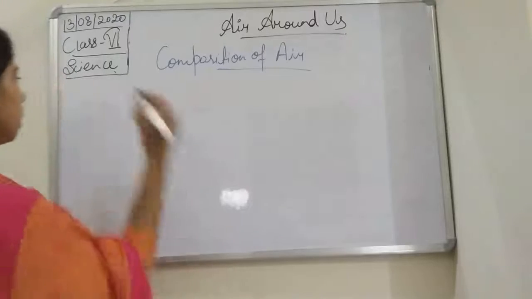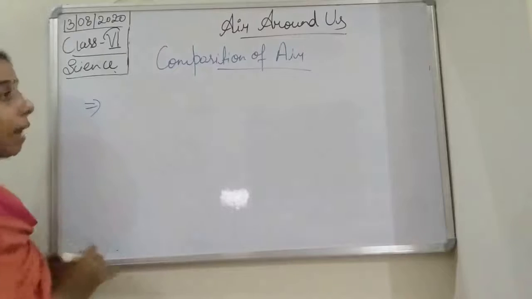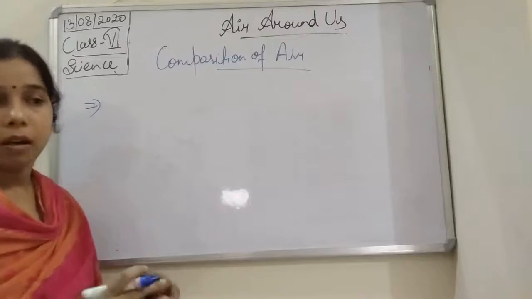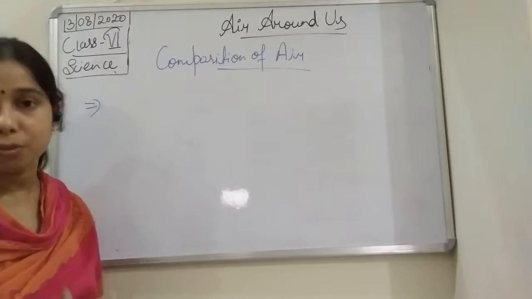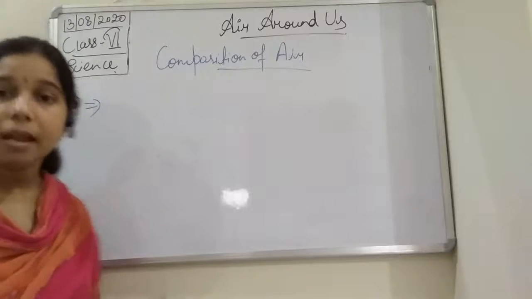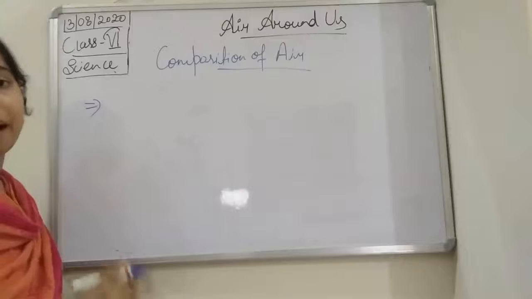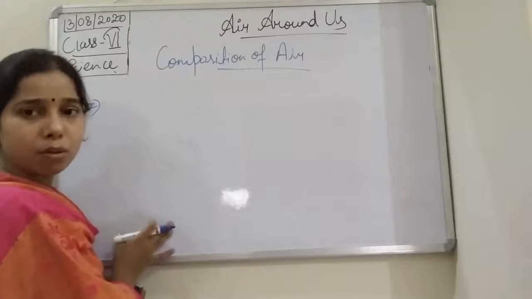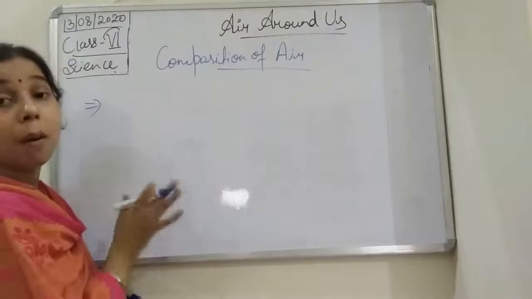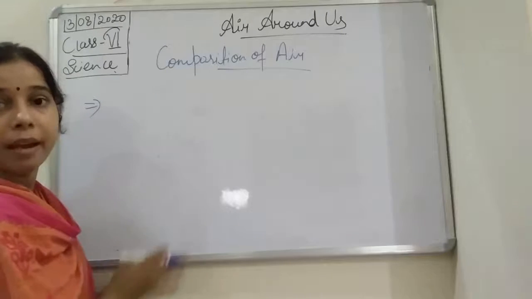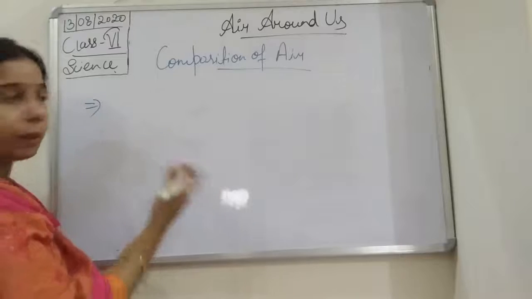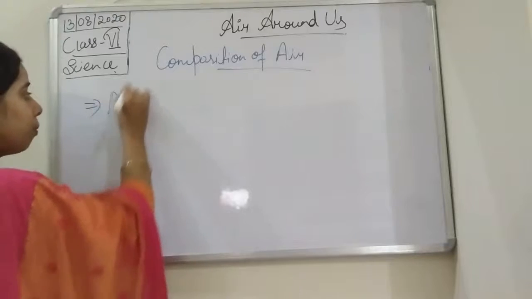So when you read it, you will find, students, that almost four-fifths of the atmosphere, of the air, is covered by nitrogen. So the percentage of nitrogen in the atmosphere will be higher because it covers most of the portion.